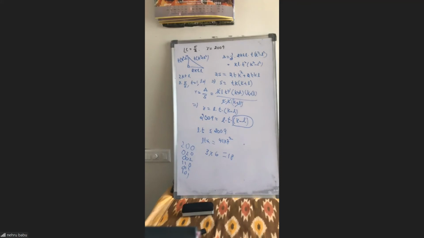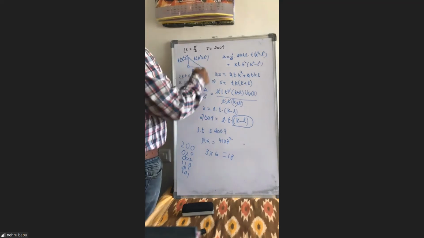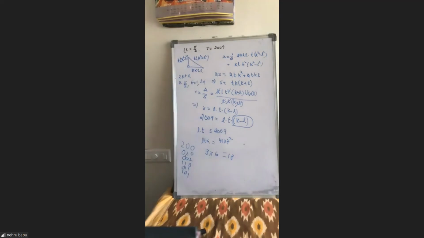So don't apply this method, Samarth. Apply the A minus R into B minus R method. Depending on the numbers, you may get the correct answer sometimes, but method-wise it's not correct. Chances are there to get an extra solution, based on the R value.